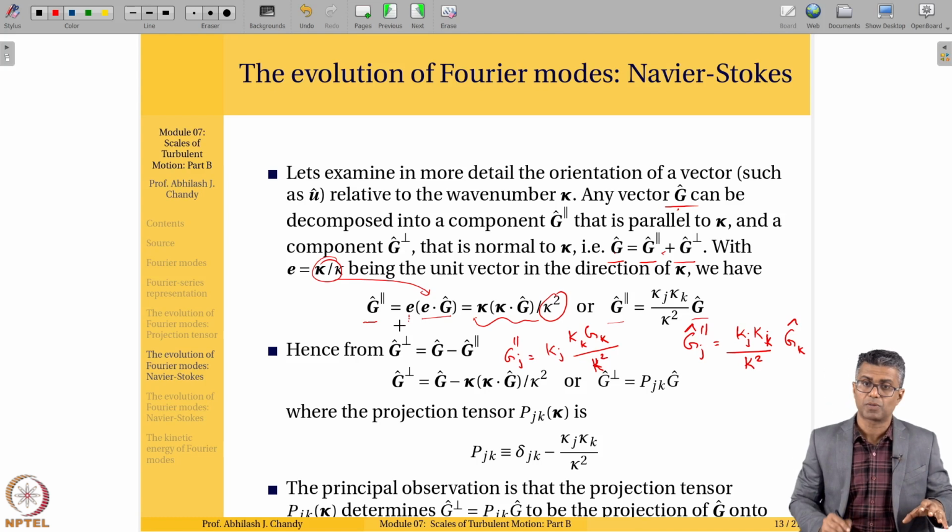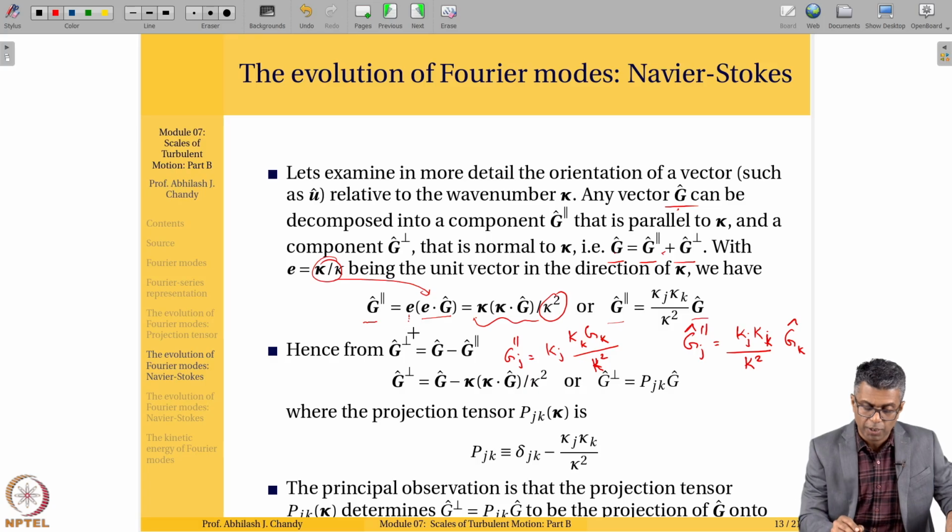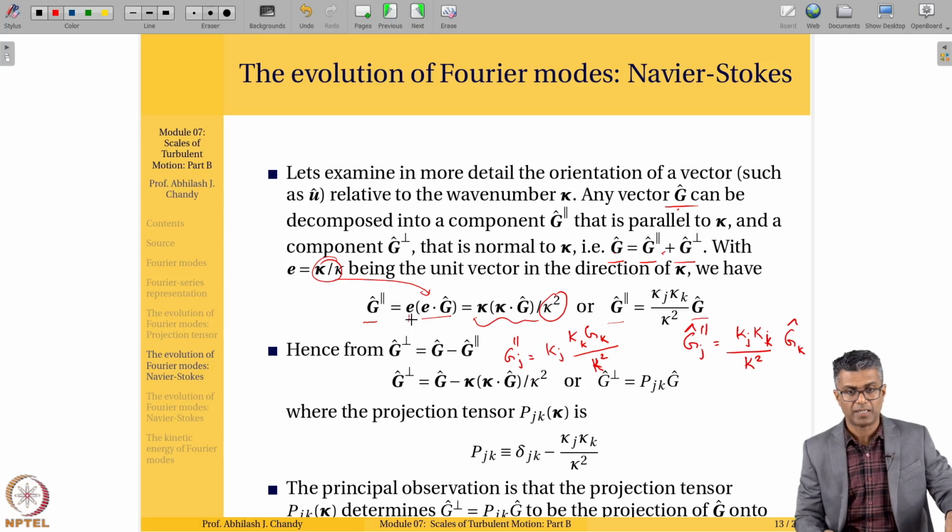That is because E is the unit vector in the direction of kappa. So E dot g would give you the magnitude of the component in the direction of kappa. And then you multiply by E, and then you have a vector itself.